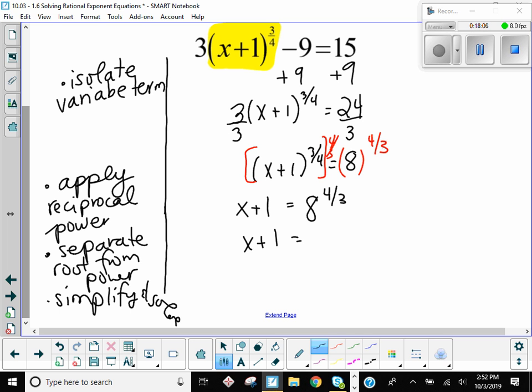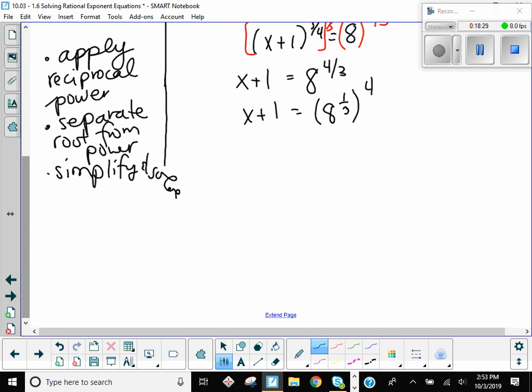So we want to do the root first. What's the root? Which one, the 4 or the 3? 3, okay. So I'm going to write it with the root first. You can technically do the power first, but it will give you a really big number that you then have to do the root for, and it just makes it harder. And power on the outside.